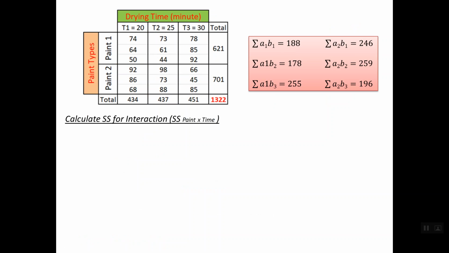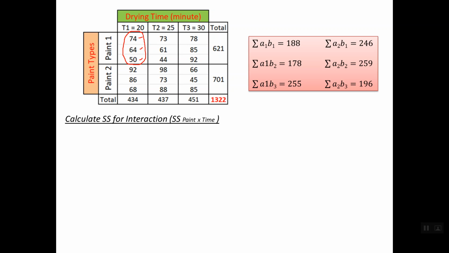In order to calculate the SS for the interaction, which is the SS for the paint and drying time, as I have mentioned earlier, we have 6 treatment groups. For example, this treatment group contains 3 records, 74, 64, and 50.